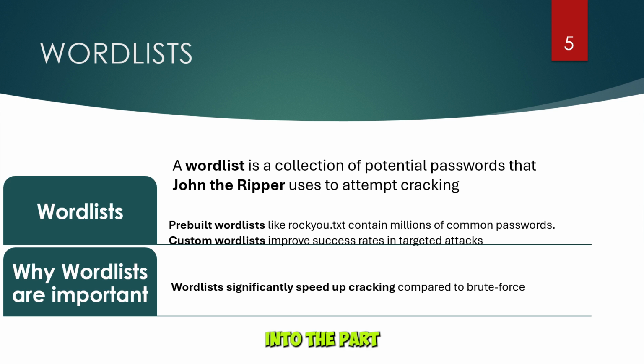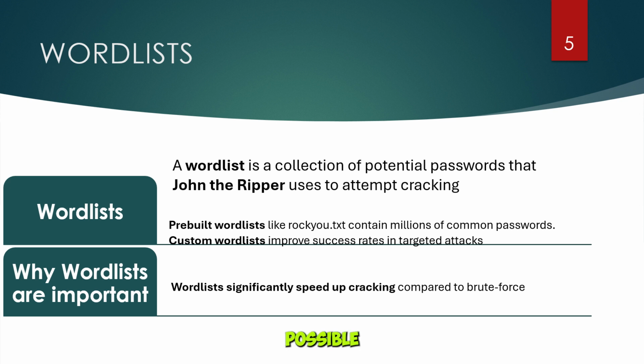Now let's dive into part 3, using word lists. Now that we have identified the hash type, let's talk about word lists and their role in password cracking. What's a word list? A word list is a collection of potential passwords that John the Ripper uses to attempt cracking.